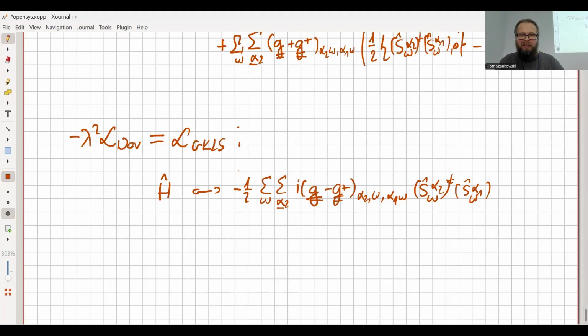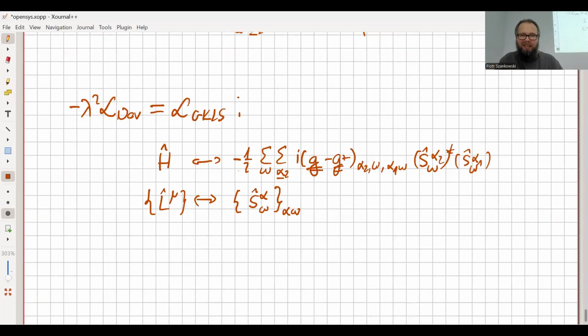Okay. Jump operators, L mu. Well, they are simply our frequency decomposition S. It's just a composite index. So mu corresponds to omega and alpha. And G mu nu, well, that's also very simple. This is our matrix G dagger, with also a composite index.